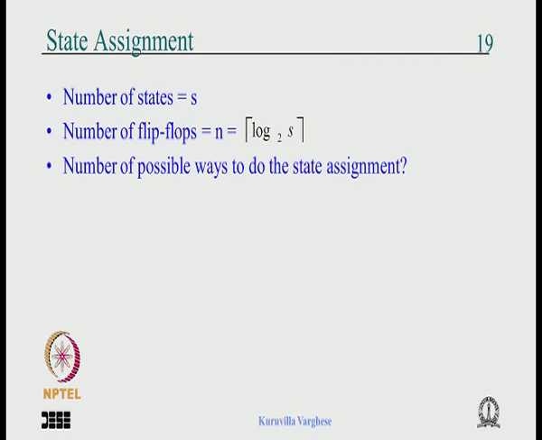What is the number of possible ways to do the assignment? Say we have S states and N flip flops. Let us assign a variable to it: instead of putting this expression, the ceiling of log S to the base 2 is N. So how many possible ways can you do the state assignment in terms of N and S?